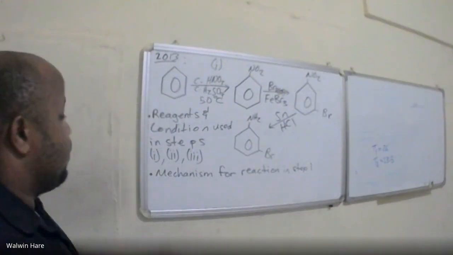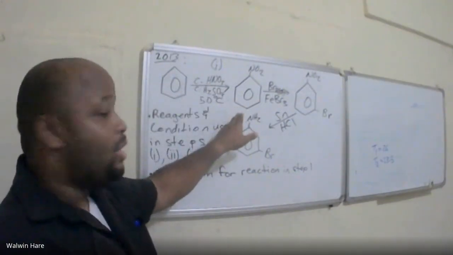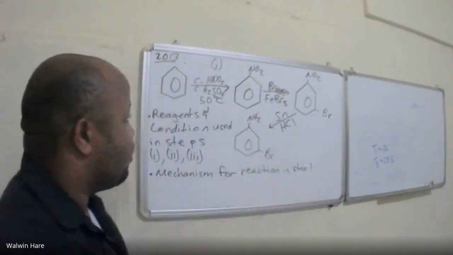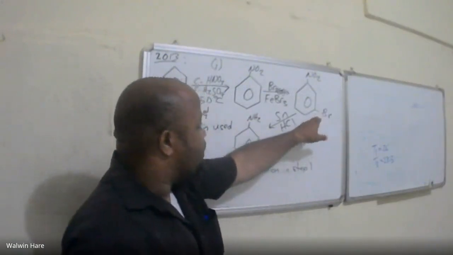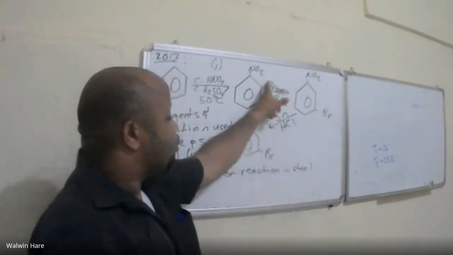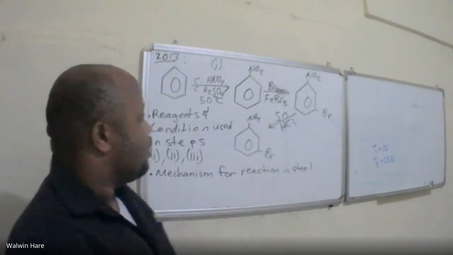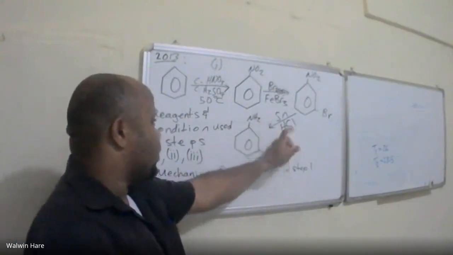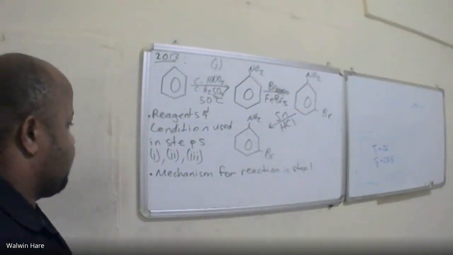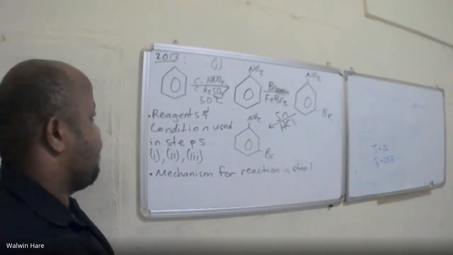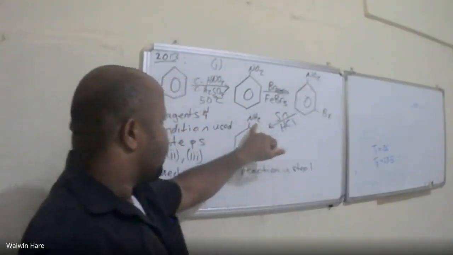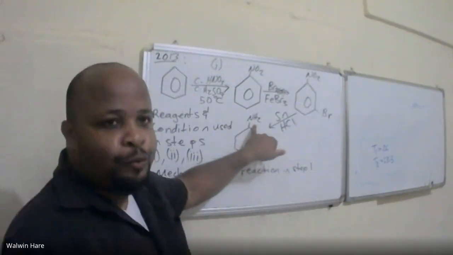So it's benzene to nitrobenzene, that is nitration. Then nitrobenzene to the bromonitrobenzene, so we're adding a halogen. So it's bromine and FeBr3. And then we are reducing the nitro group to the amine group. So we use tin and HCl. Let me repeat step 3. We're converting the NO2 group to the NH2 group. So that's reduction.